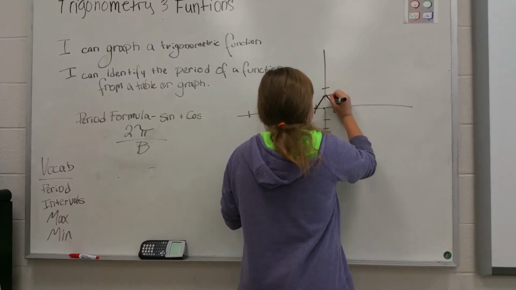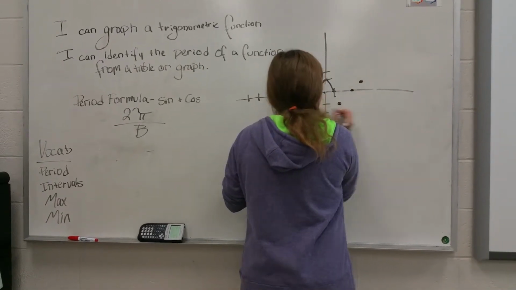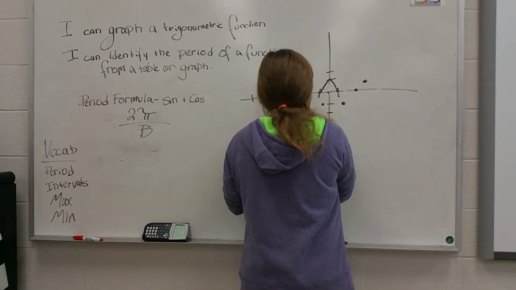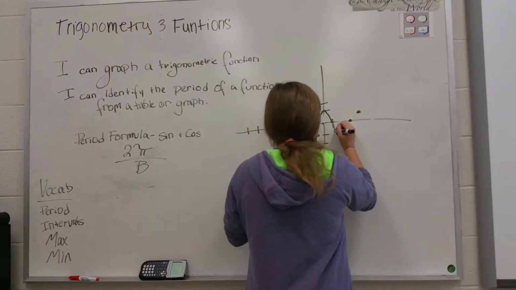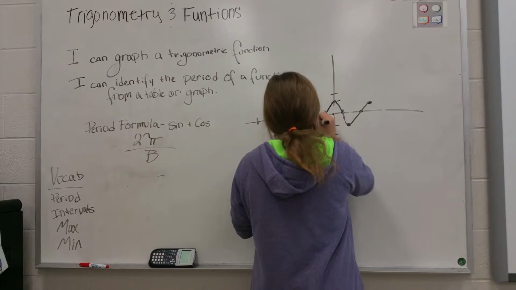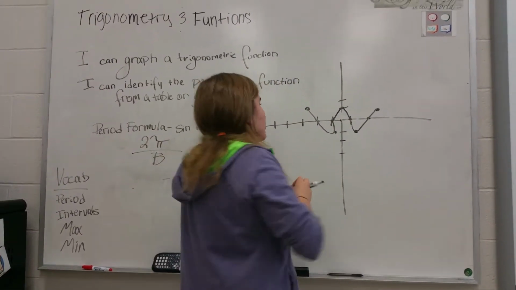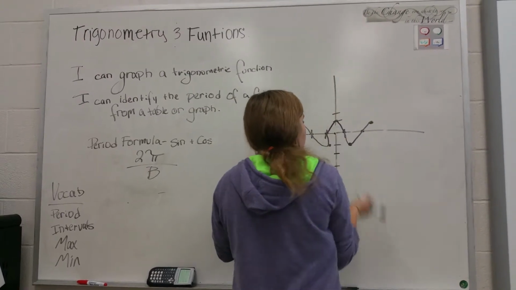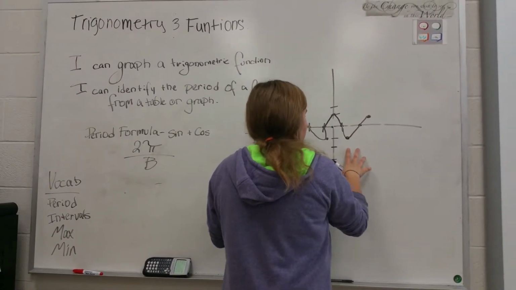So create a parabola right here, and then it would continue as before. Same thing, maximum would be your highest point, y equals 1, and minimum would be your lowest point.